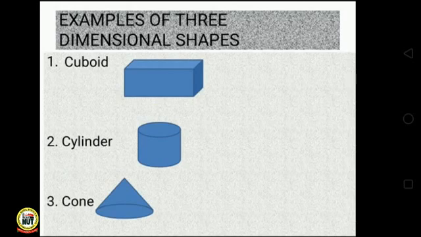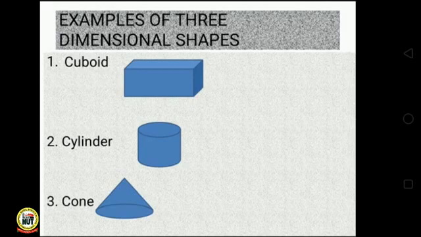Triangle, isn't it? We have the rectangle, the square, and also the circle. They are plane shapes. We have the triangle, the square, the rectangle, the circle. They are what?